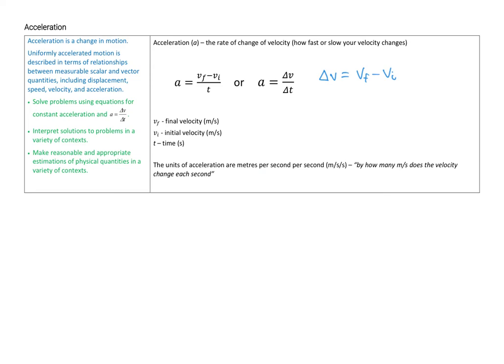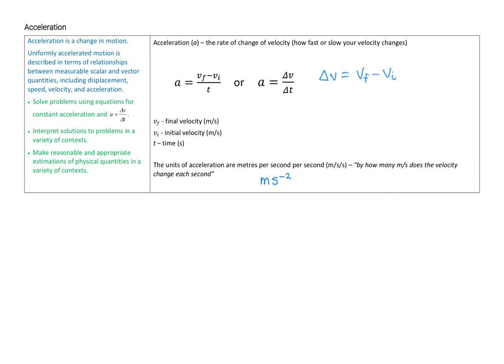By how many metres per second does the velocity change each second? And in scientific notation, we will often write that as metres second to the minus 2.